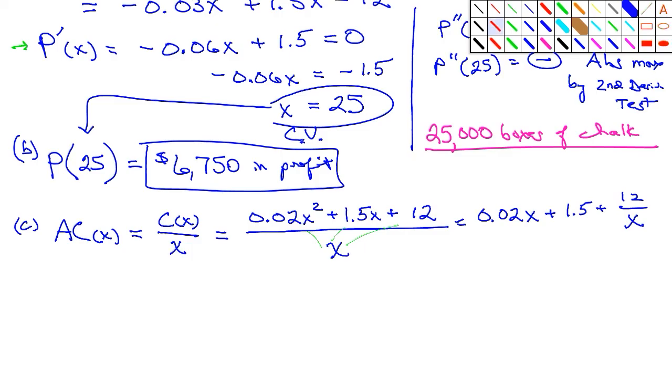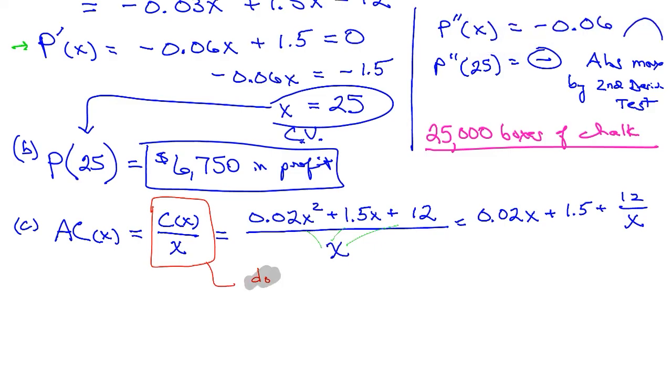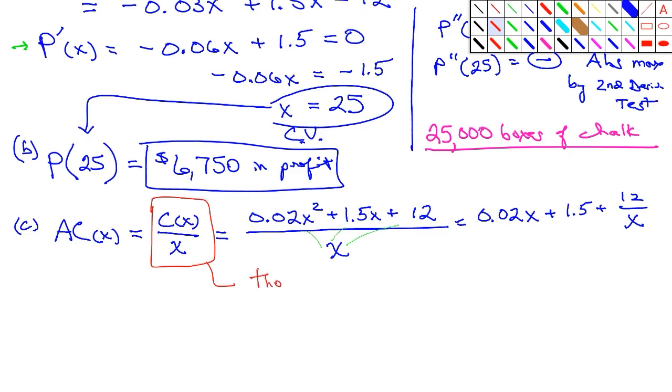Now, one quick side note on this formulation. Is this formula actually giving me the average cost per unit? And the answer in this case is yes, because the C of X is giving me thousands of dollars in total cost, and the X is giving me thousands of units.